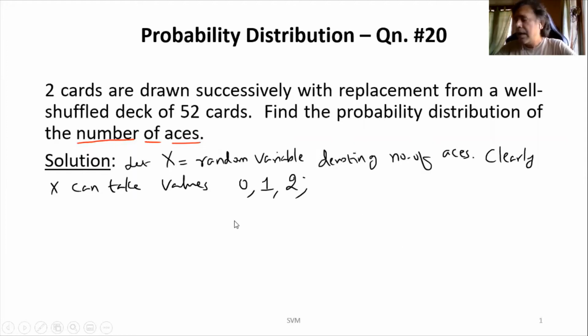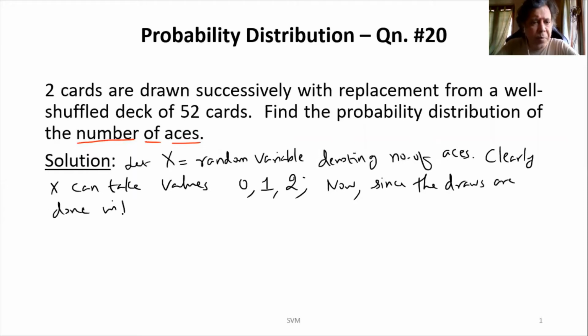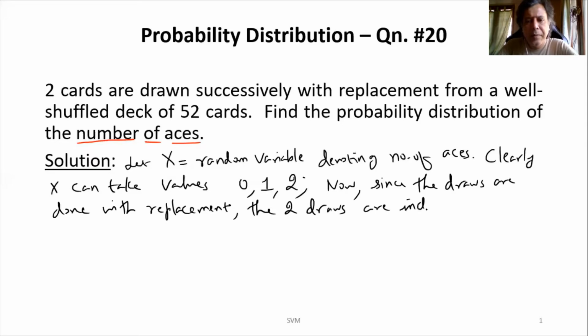Since the draws are done with replacement, meaning after drawing one card I put it back into the pack, the two draws are independent. That is very clear because you are putting it back.